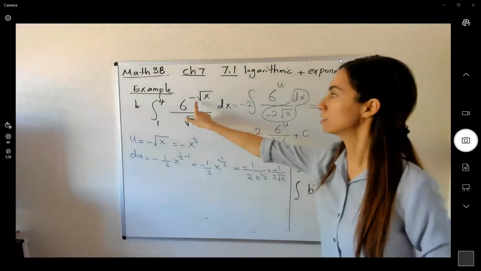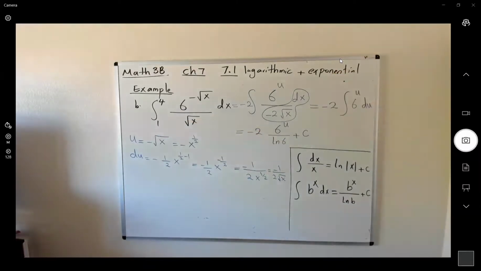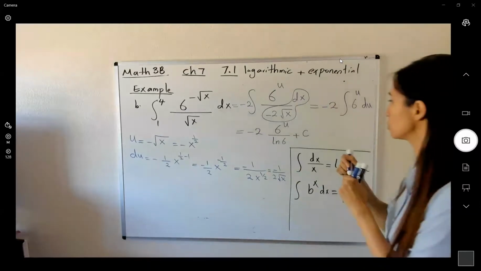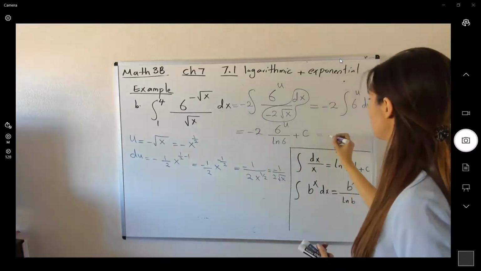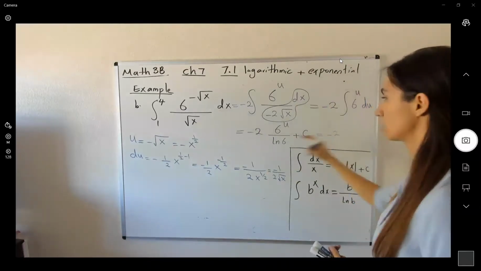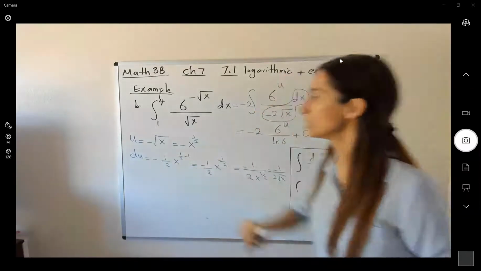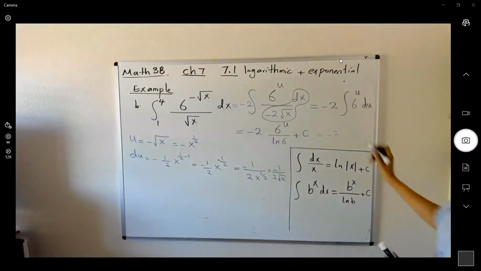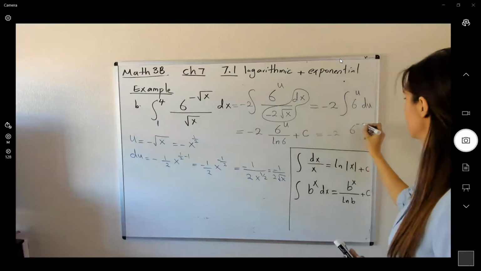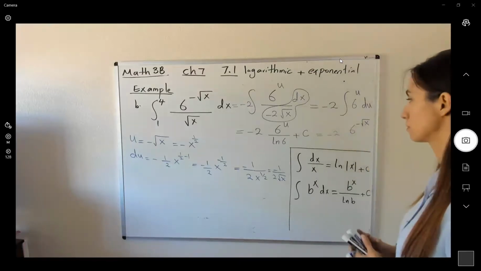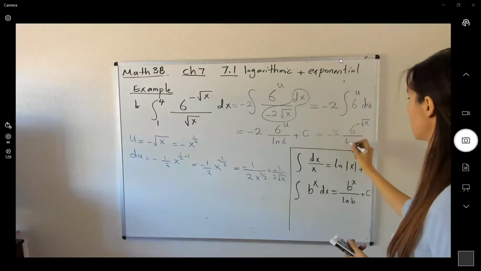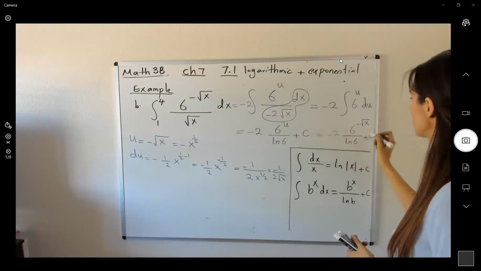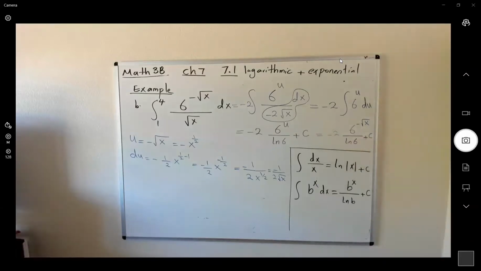Our original integral is in x, so let's substitute that here. Minus 2, 6 raised to u, u is negative square root of x, divided by ln of 6 plus constant of integration.